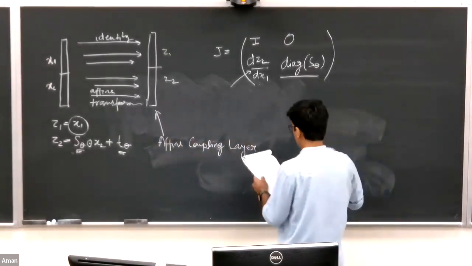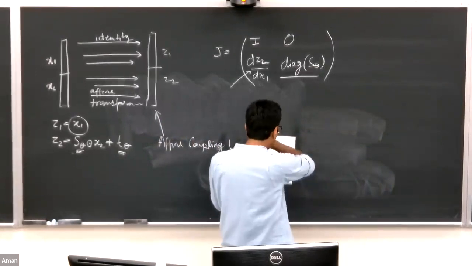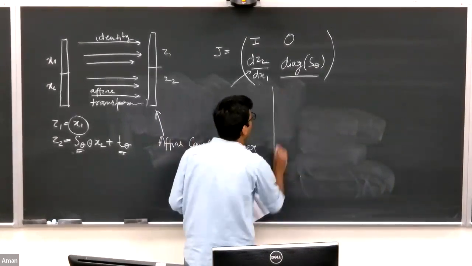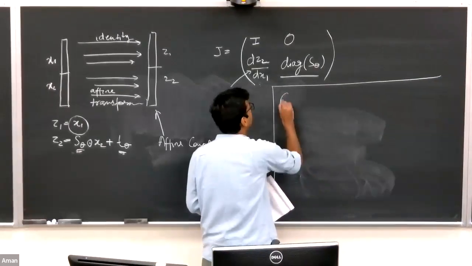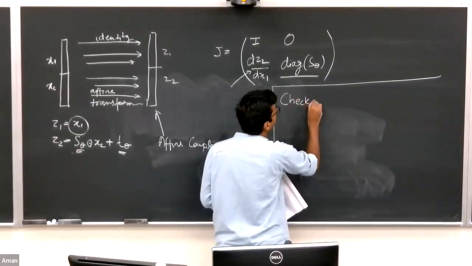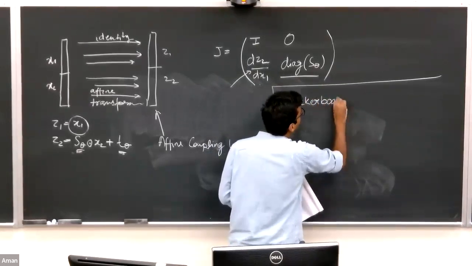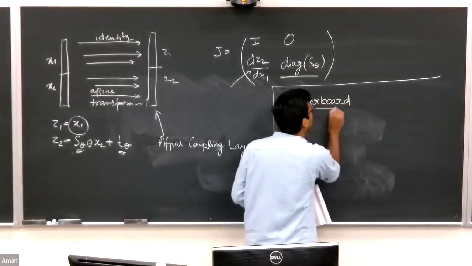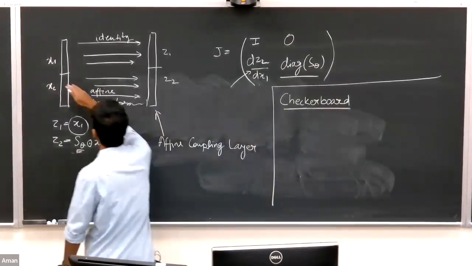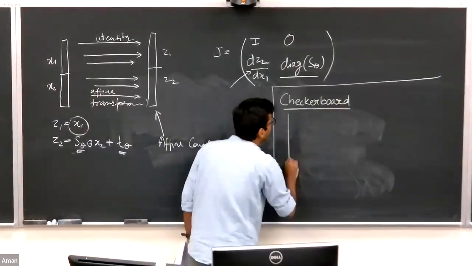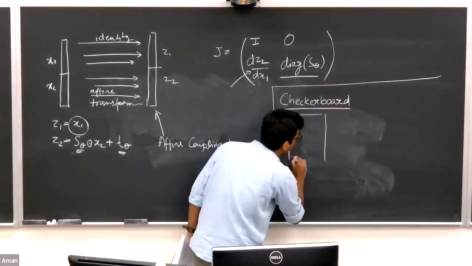Okay, so this paper called Real NVP introduced two types of layers. There's this one, checkerboard-based copying, where instead of copying half of the input, you copy half the input in a checkerboard pattern.